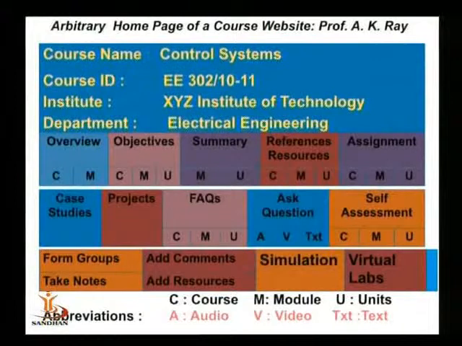But then below the department, you see that there are four large rows, blue and orange colored. You can see that. Overview, objectives, summary, reference resources, and assignment. What you need to do is for each and every course you have to provide an overview for the course, and if the course is broken up into smaller units called modules, that is chapters.